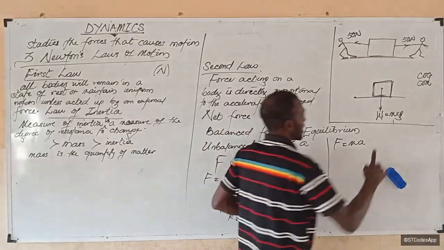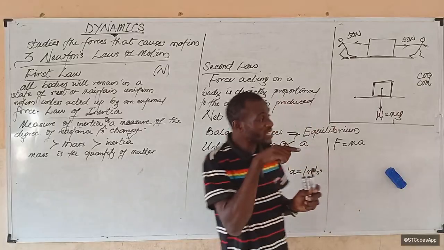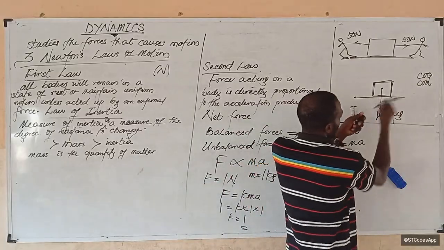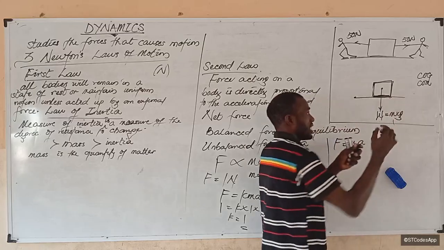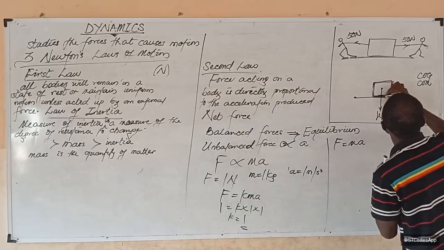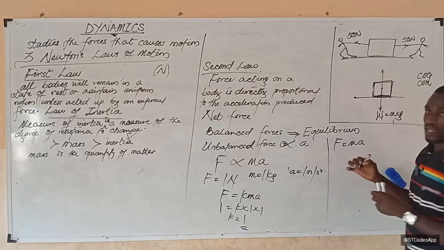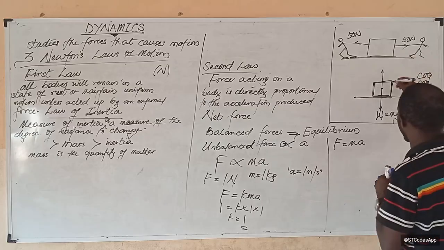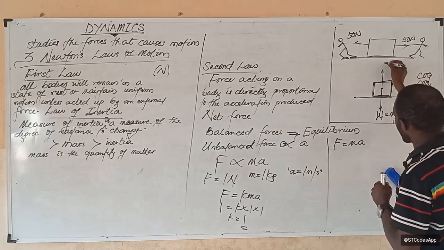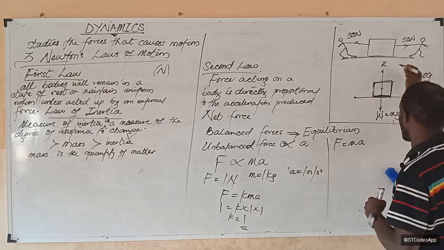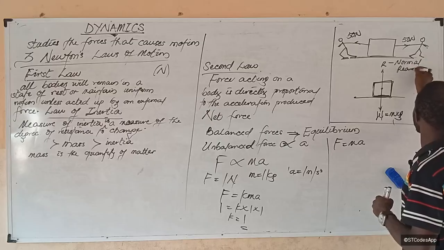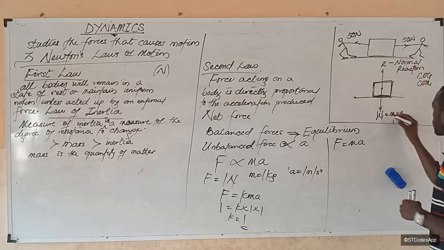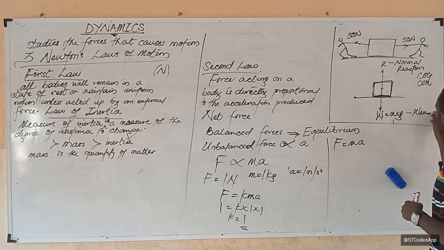What is happening is that there is a force between the base of this body and the top of this surface. In between that layer, there is a force acting directly upward along the same line, and that force is called the normal reaction, R. And this W is called the weight of the body.